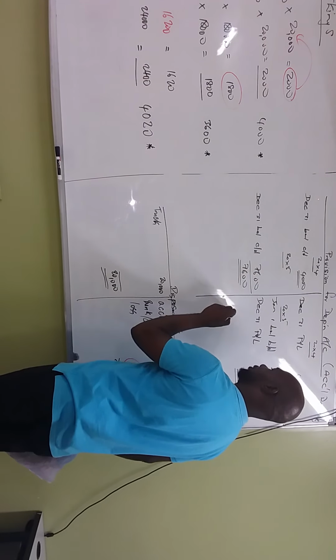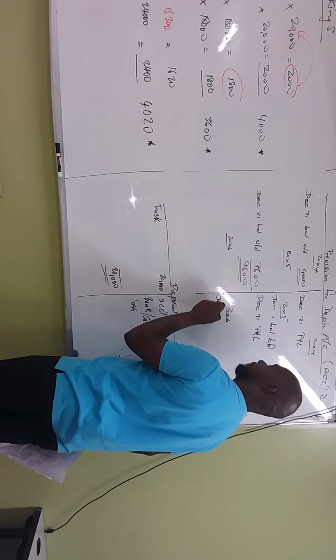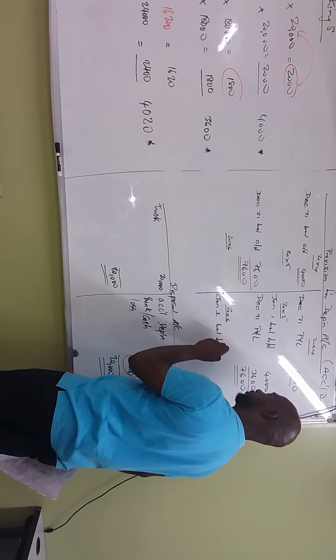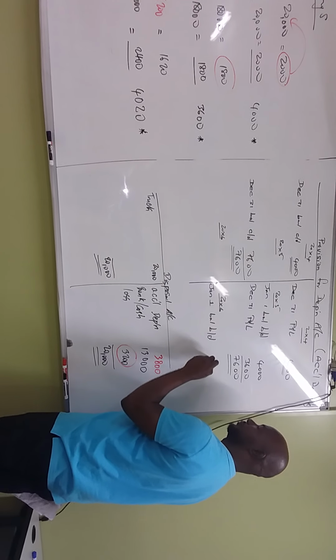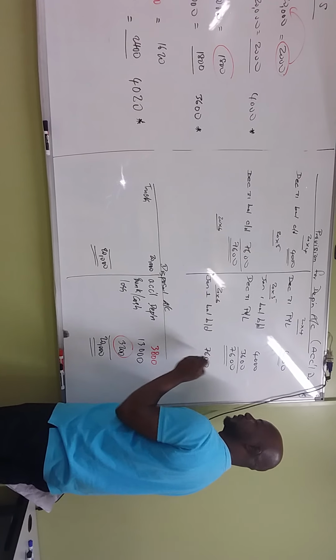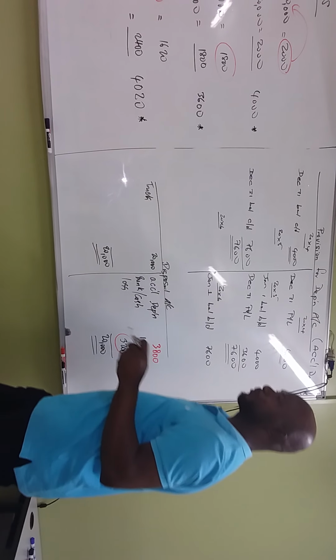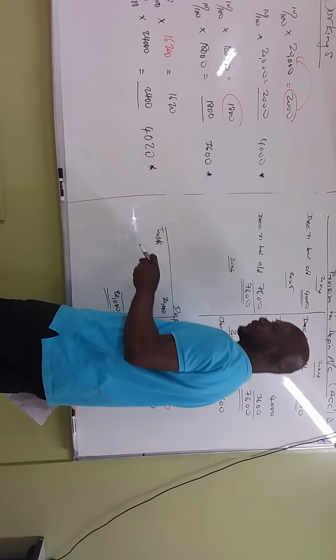Move on to 2006. January 1st, balance brought down 7,600. Now what was the depreciation charge for 2006?